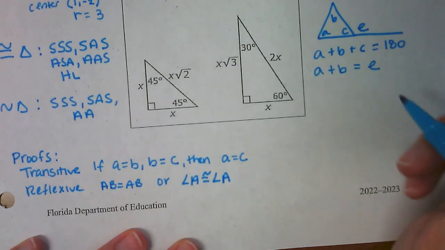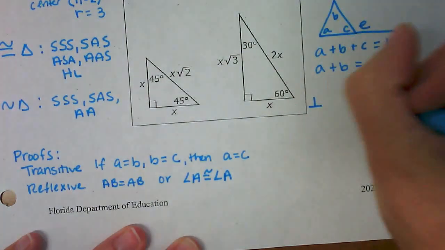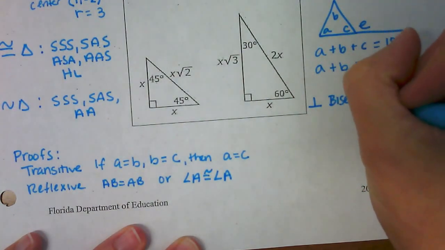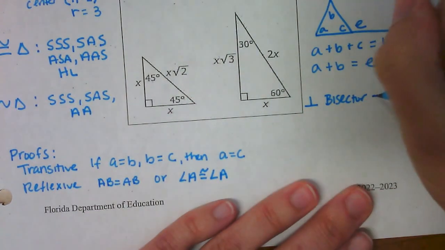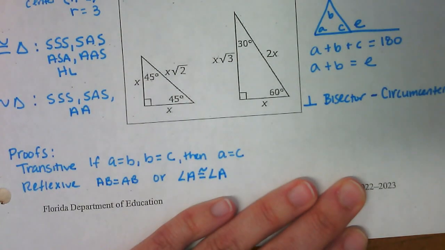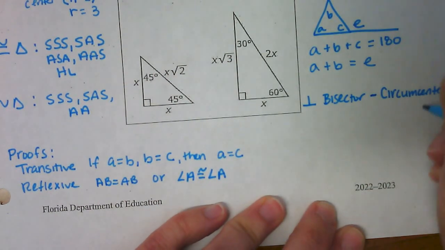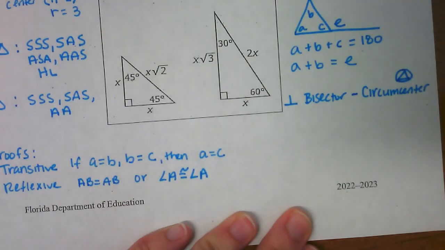All right, then we've got a little bit more vocabulary that we're going to write down. This symbol means perpendicular. When we have a perpendicular bisector in a triangle, we can make a circumcenter. And I like to draw a picture by that and put a triangle inside a circle to remind us what that looks like.